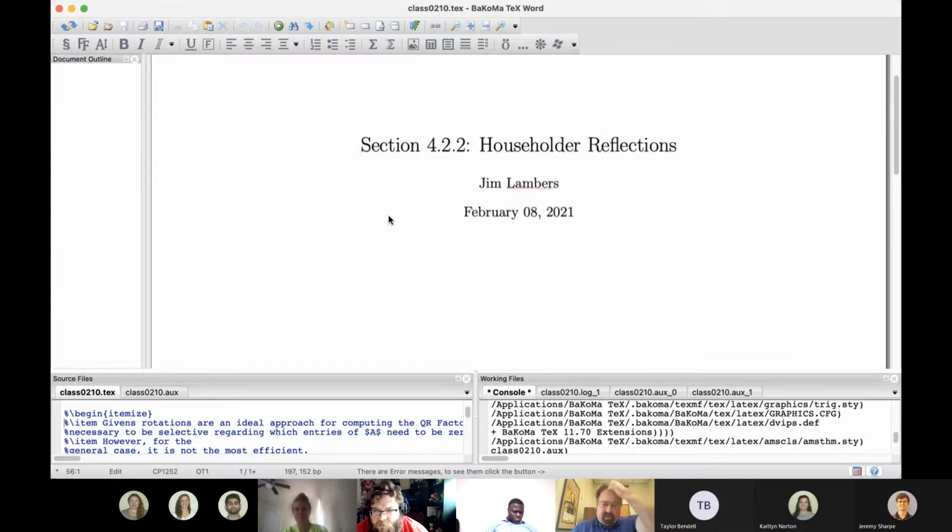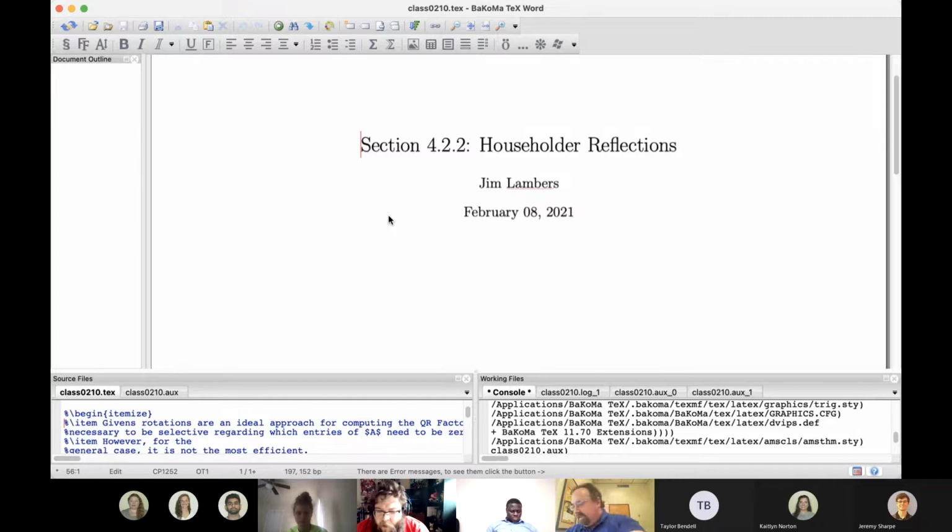Okay. So last time we saw how to compute the QR factorization of an m by n matrix of full column rank with Givens rotations. And that certainly is one very effective tool.